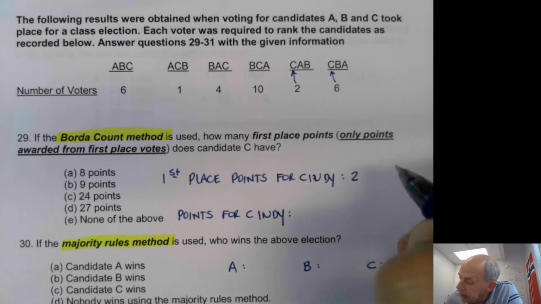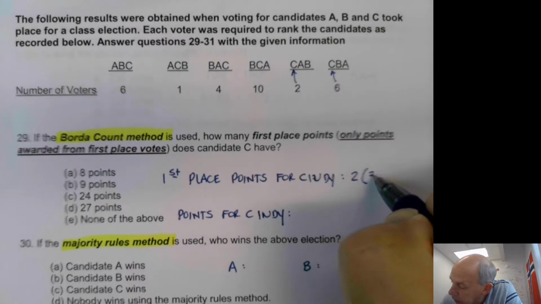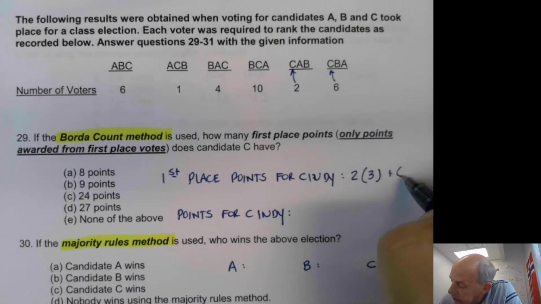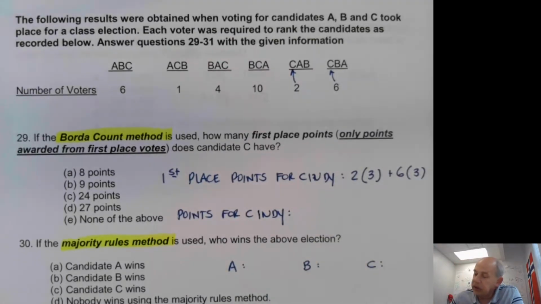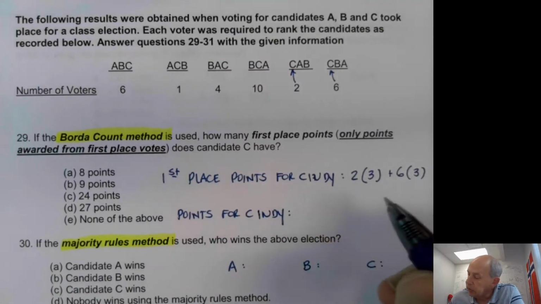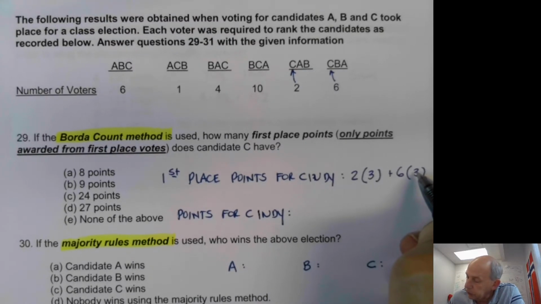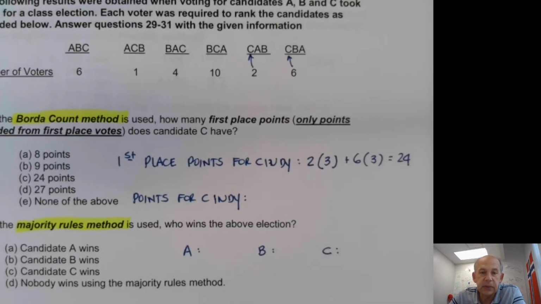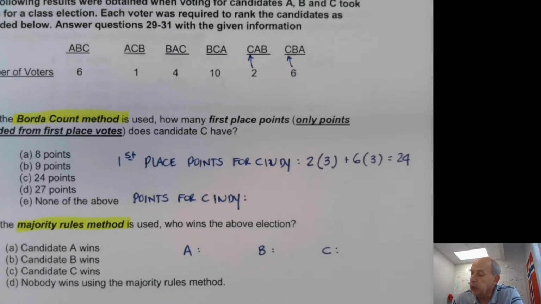So Cindy gets 2 voters, giving her 3 points. Cindy gets 6 voters, giving her 3 points. So that would be 6 plus 18. She would have 24 first place points. So that's how you would get the 24 first place points for Cindy.